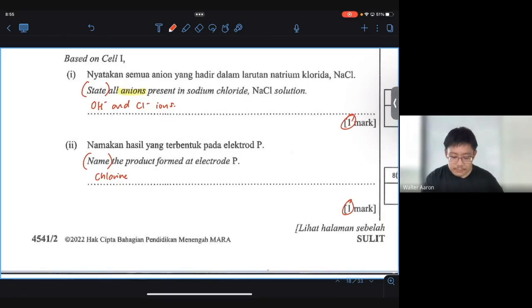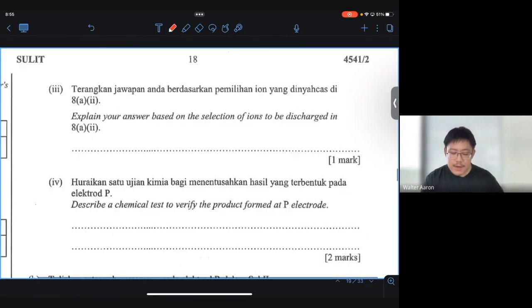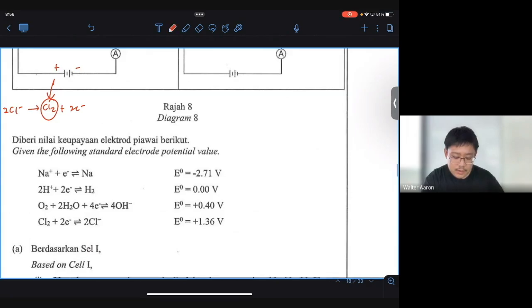Okay, very simple. Now explain your answer. Whenever I ask you to explain your answer, this is the tricky part. You will know what will be discharged, but when asked to explain, sometimes you get confused. In this particular question, you cannot explain in terms of position, because it is about the concentration of halide ions.